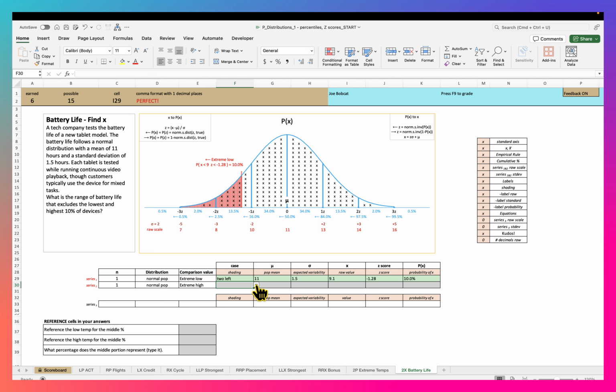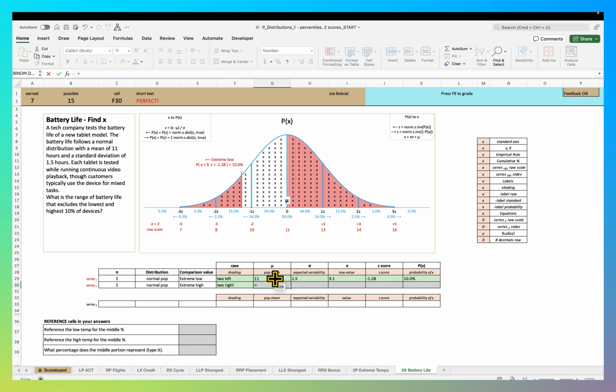All right, and then we've got 2 looking right. Population mean is going to be the same, so we can just reference it. Variability is going to be the same. We can reference it. The raw value is what we're looking for. We're also given the percent here, also 10%. Now we'd like to do norm.s.inv, but it's not the probability, it's 1 minus since we're looking the other way.